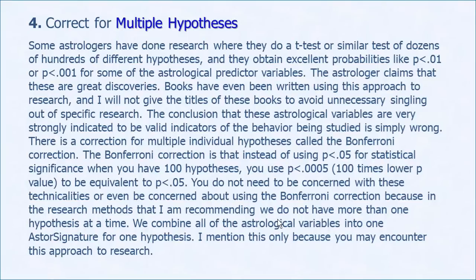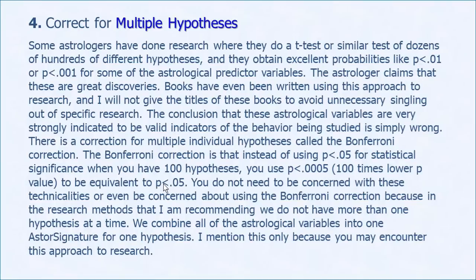If you get a p-value of 0.05 and you have 100 hypotheses, the actual p-value is 100 times worse. So for each additional hypothesis you have, it makes your actual real p-value that many times worse. So if you have 100 hypotheses, your p-value is actually 100 times worse than you thought it was.